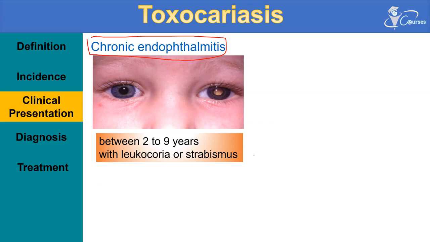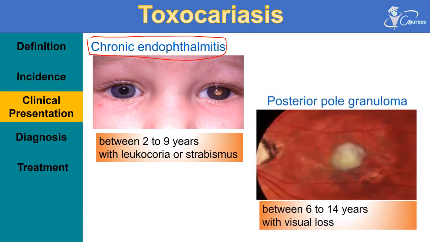Another presentation will be posterior pole granuloma, like when there is a granuloma in the macula, and it usually presents at an older age group, between 6 to 14 years, with visual loss.